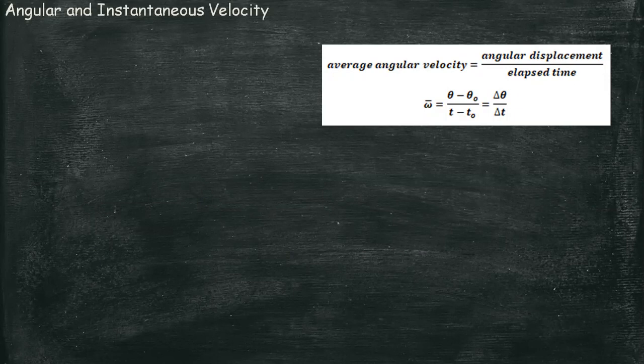The standard unit for the angular velocity is radian per second, although other units such as revolution per minute are also used.